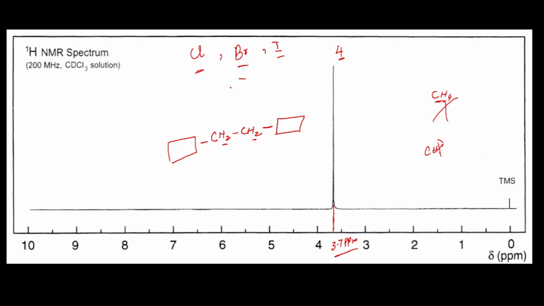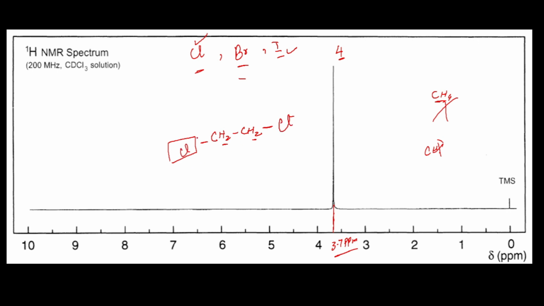So now in this case, if our structure gives you a positive test for iodine, you will put here iodine, and if it gives you a positive test for chlorine, you will put here chlorine.